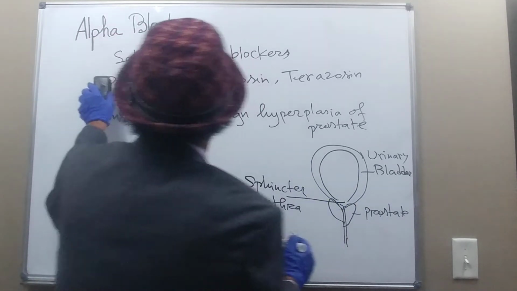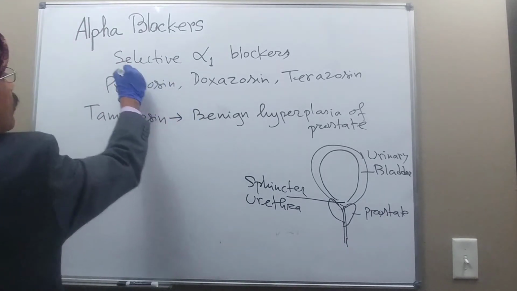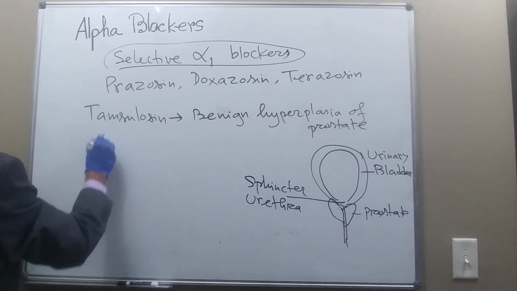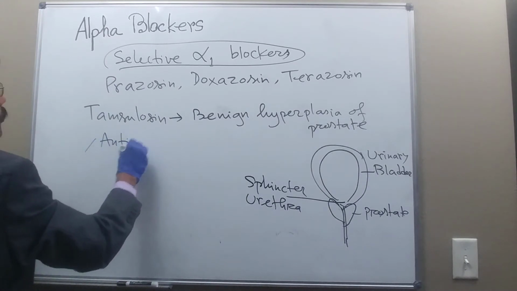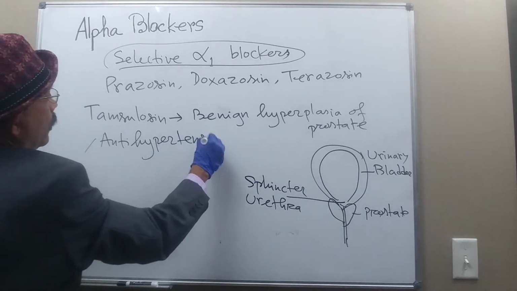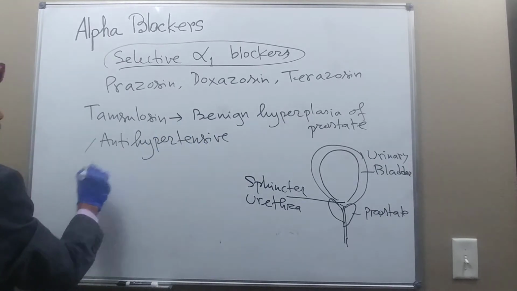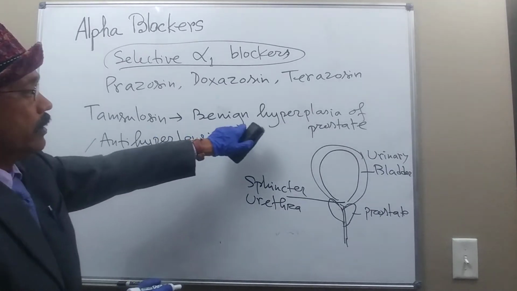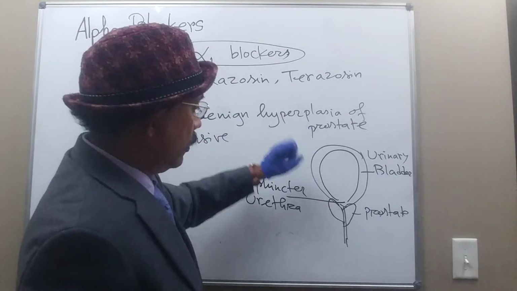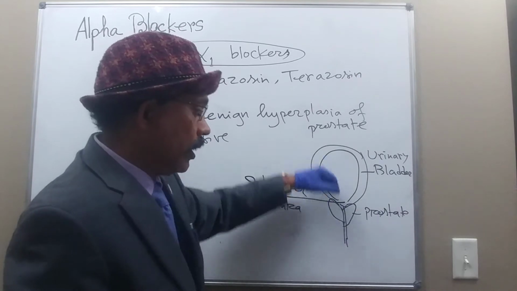So what are the indications of this drug? Alpha-1 blocker. Number one, they are antihypertensive. Then they also decrease the benign hyperplasia of prostate. The size of the prostate is also decreased.